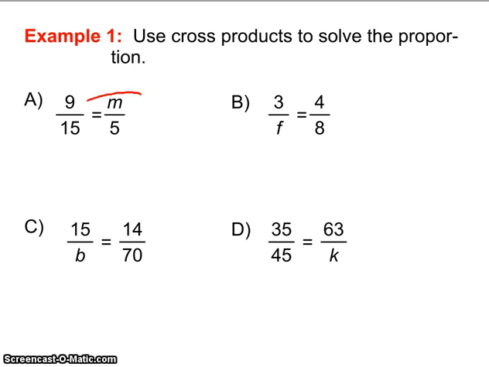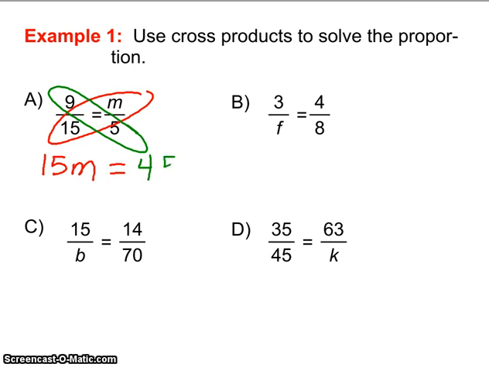So essentially what we're doing here is trying to figure out what m is so we can complete our proportion. So let's do our cross products. What is 15 times m? 15m. And this is going to be equal to, because that's the rule for cross products, 9 times 5, which is what? 45. Now I have an equation to solve, and it's a quick one-step equation. Remember, we're solving for m. m is being multiplied by 15, so what do we have to do?